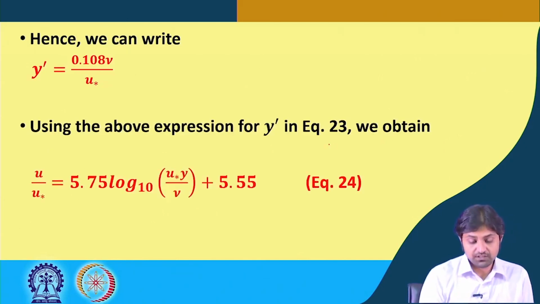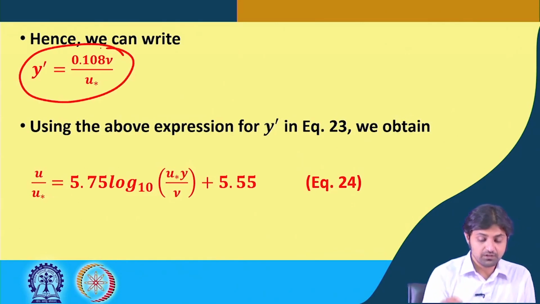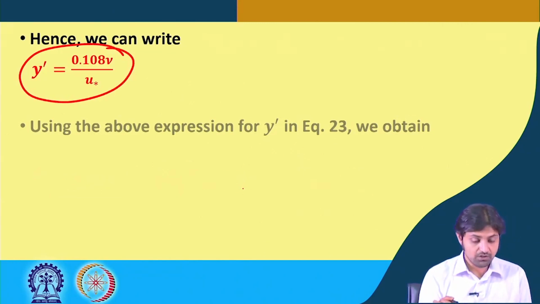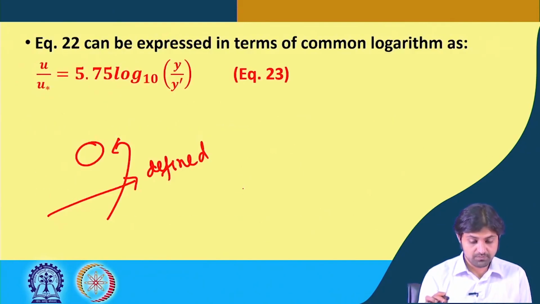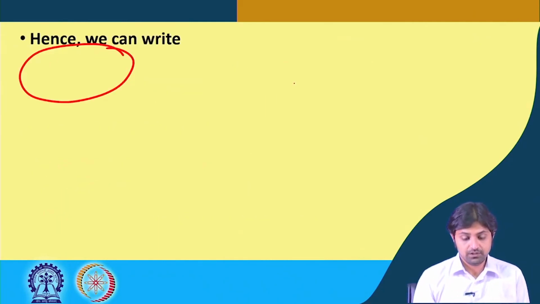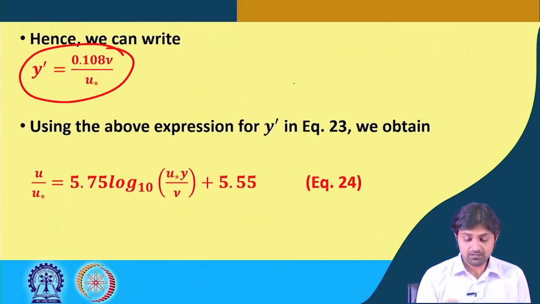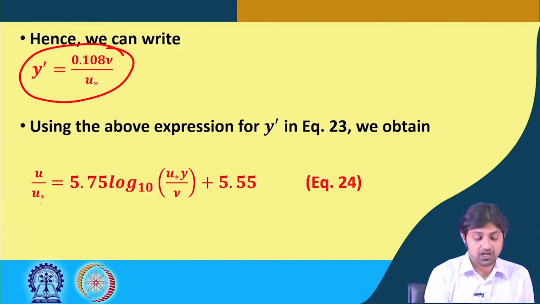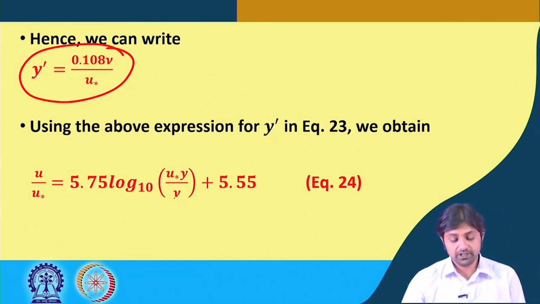And now we can simply obtain, if we use this in equation number 23, u by u star equals 5.75 log 10 u star y by nu plus 5.55.